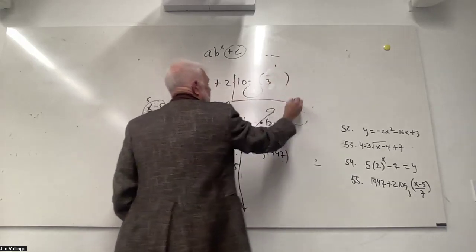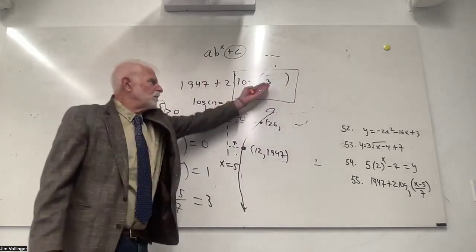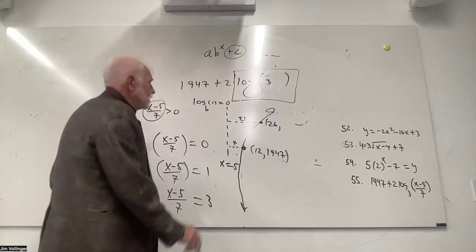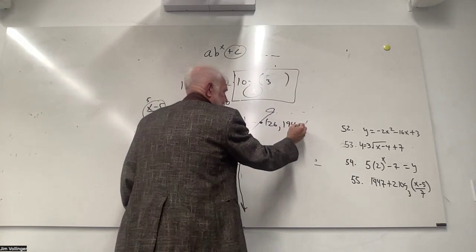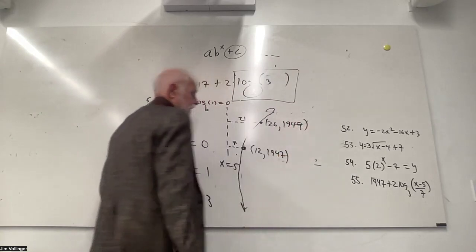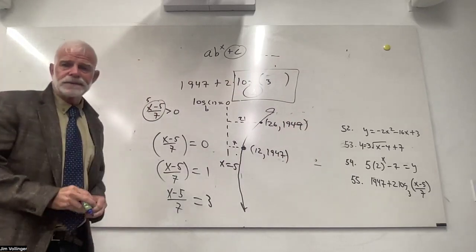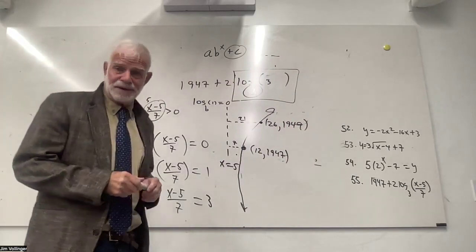We've been practicing this now for 3 weeks, 4 weeks. I hope everybody knows the exponent you put on top of a 3 to get a 3 is a 1. 2 plus 1947, 1949. All of these numbers are really hiding here. And I don't want them to be hiding from you. So we're going to practice them for the rest of the semester.